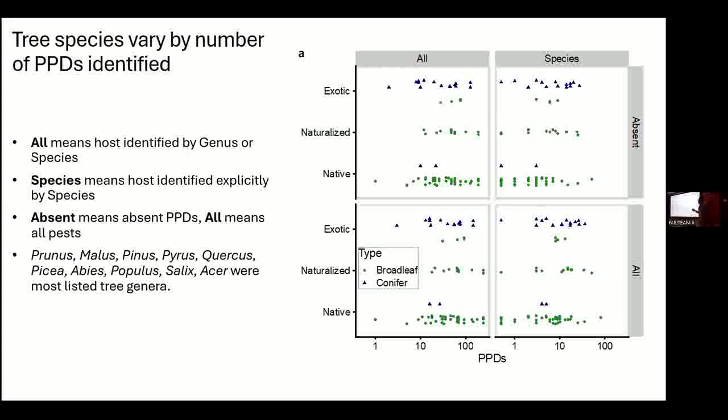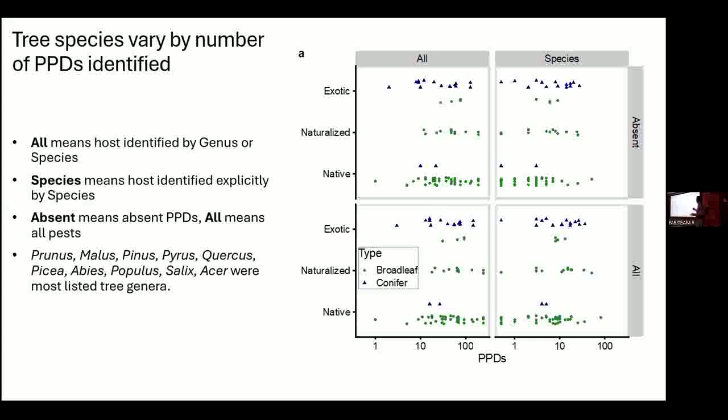From this 1,400, what we did was to match up the known host range to the 74 most common, both native and most common tree species in the UK. And then take a look at the number of pests and diseases which are associated or thought to be pests of particular trees.